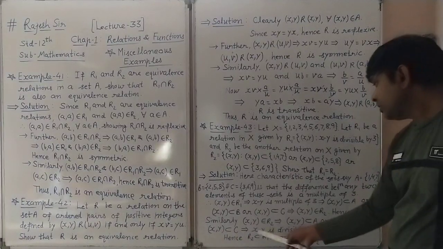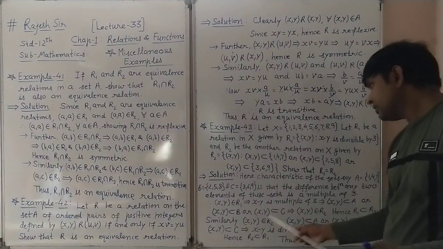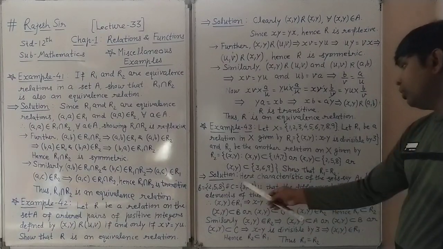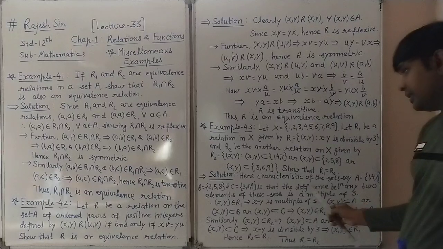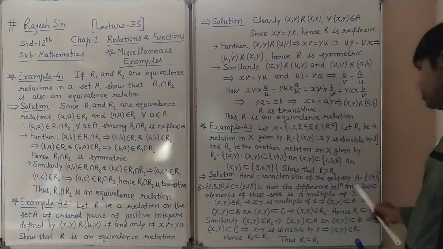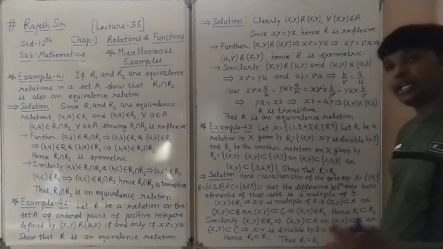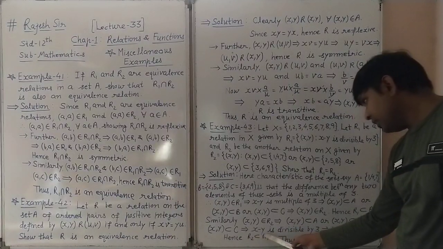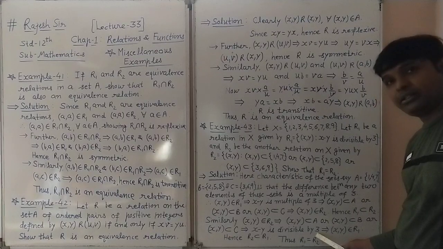So what is the characteristic of A, B, C? In all these three given sets, the difference of any two elements, x minus y, is a multiple of 3. That implies x minus y is divisible by 3.